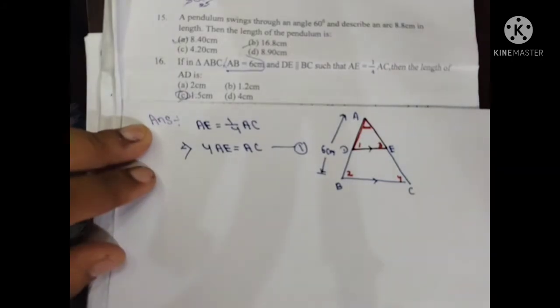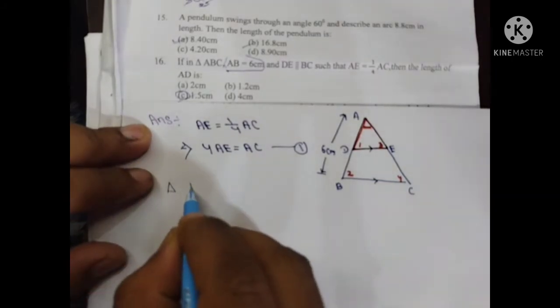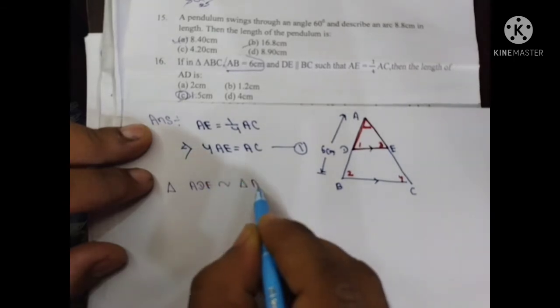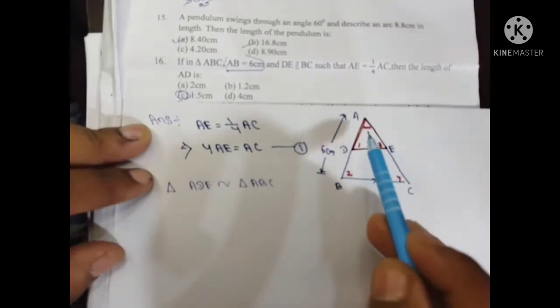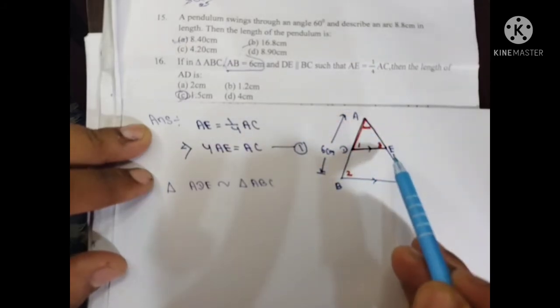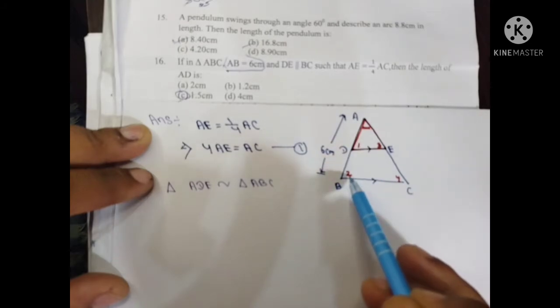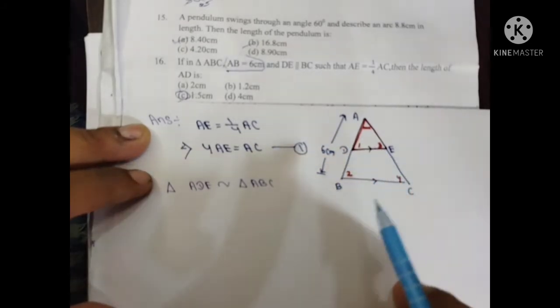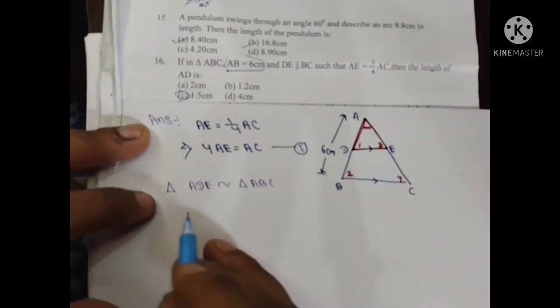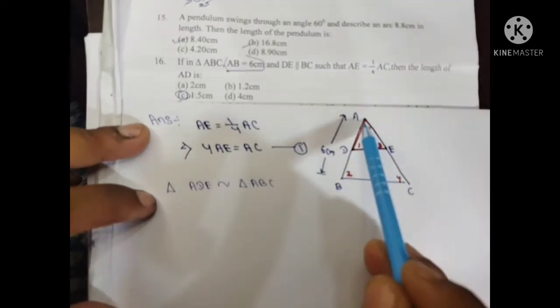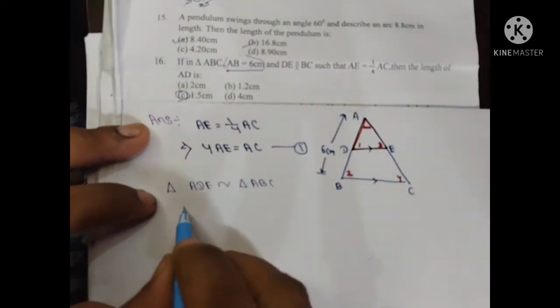So you can see triangle ADE is similar to triangle ABC because the three angles of ADE are equal to three angles of ABC. So I can write AE by AC is equal to AD by AB.